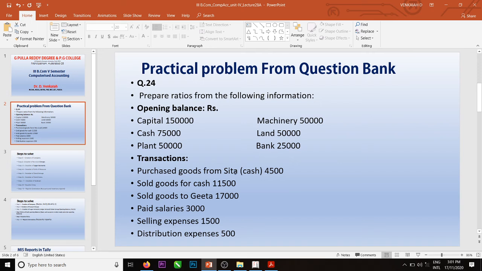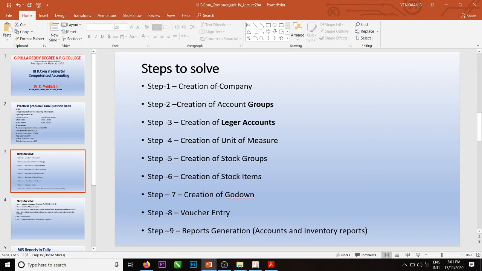And then the transactions ledgers are required, purchases, sales, Gita, salaries, expenses, selling expense and distribution expenses. We created that, and in the meantime, while creating the ledgers, we need one group called as tangible assets. In creation of ledgers only, we created a group, that is tangible assets.